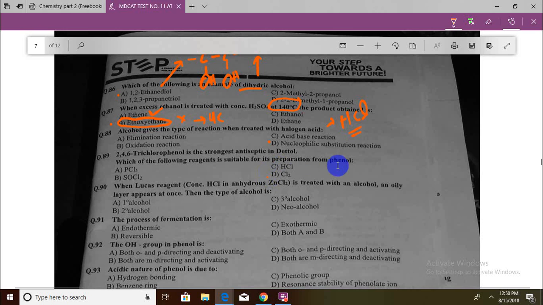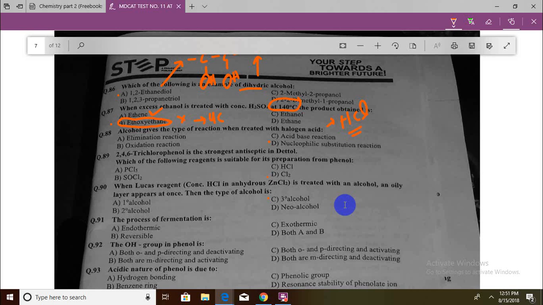When Lucas reagent is treated with an alcohol and an oily layer appears at once, then what is the type of the alcohol? Is it tertiary alcohol? Is it neo alcohol? Is it primary? Is it secondary? The answer is tertiary. A neo alcohol is one in which the second carbon has basically 3 carbon attachments.